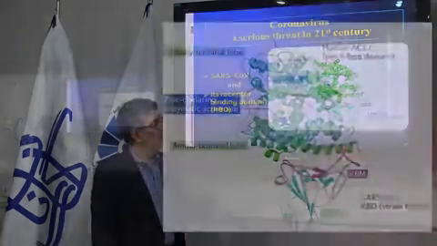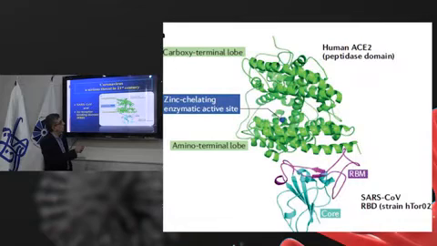This is the molecule of ACE2, and this is the receptor binding domain of SARS-CoV, which is very similar to SARS-CoV-2. Apart from this part, there is the receptor binding motif. The receptor binding motif of the COVID-19 virus is different and mutated in comparison with SARS-CoV.